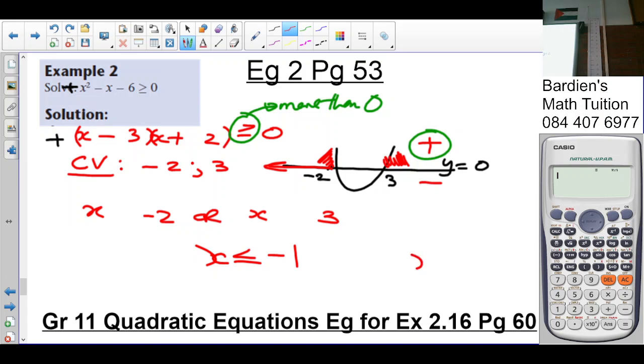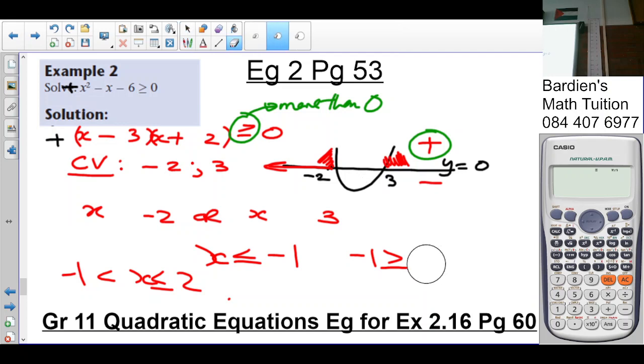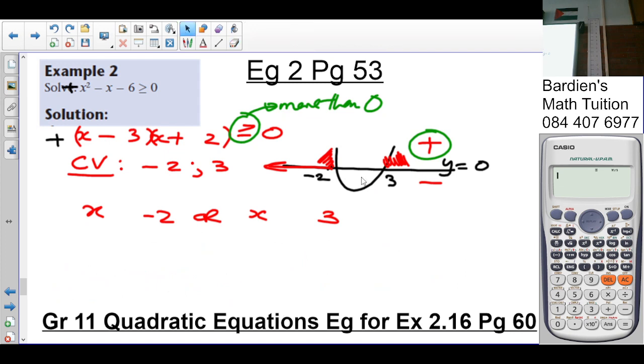Okay? And this one here? Equal to negative 1. Right, you guys got it. Let's try now. X is? We go to our left first. X is? Negative 1. And x is? Right, you guys got it, no? Don't lose it now.